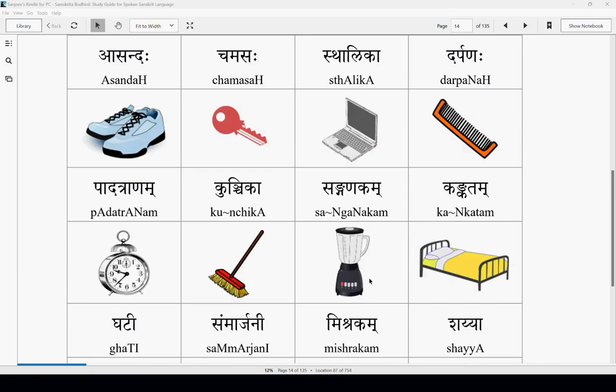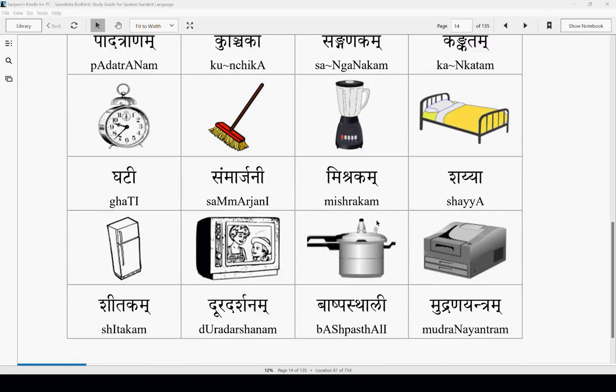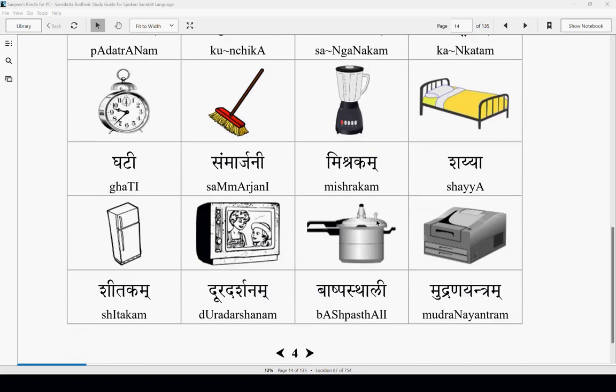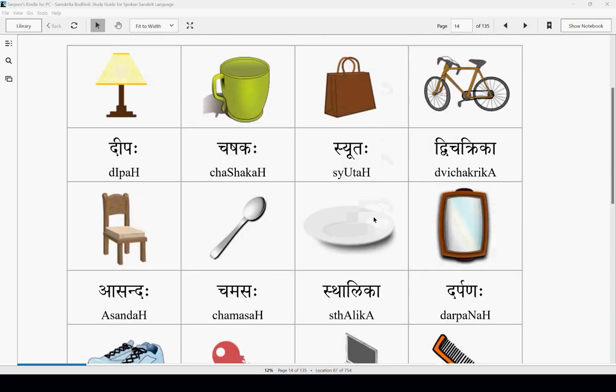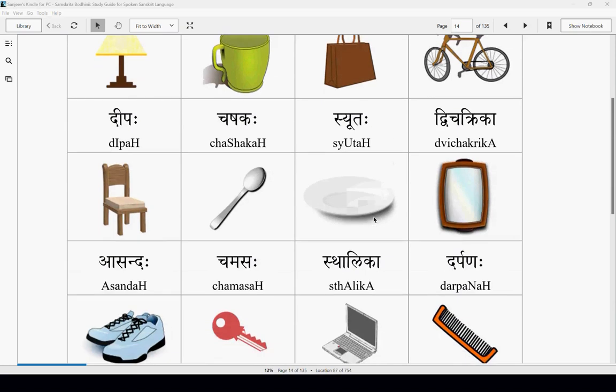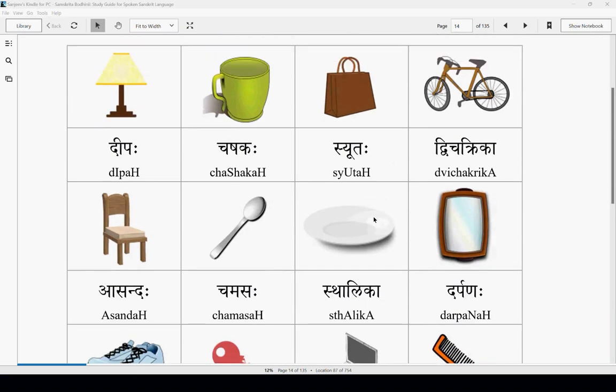Padatranam, Sanganakam, Kankatam, Mishrakam, Sheetakam, Duradarshanam, Mudranayantram. So these words are in Napumsaka lingam, neuter gender.